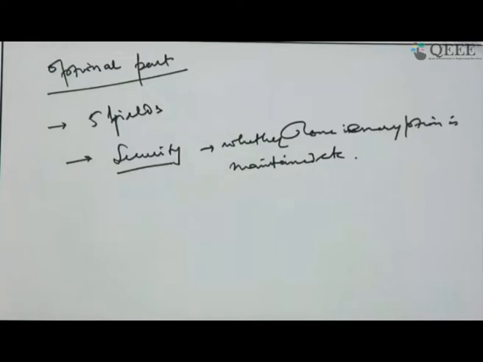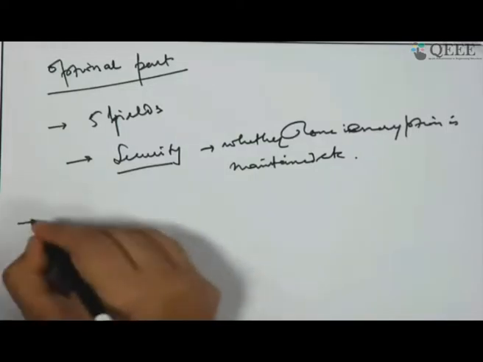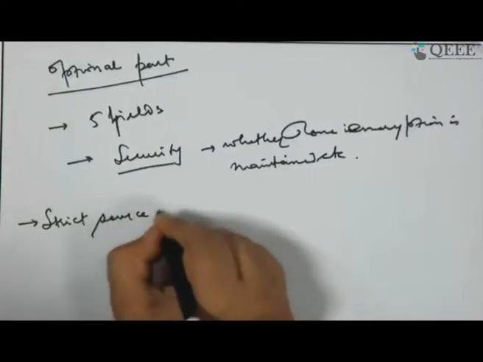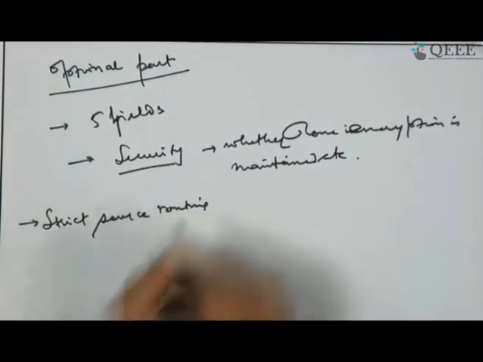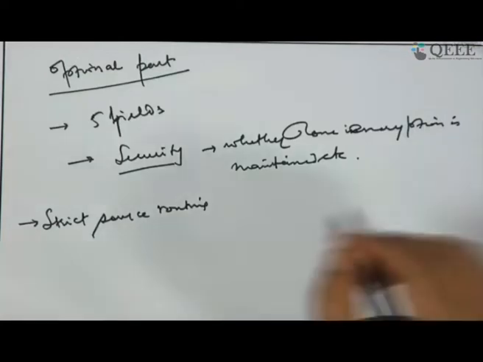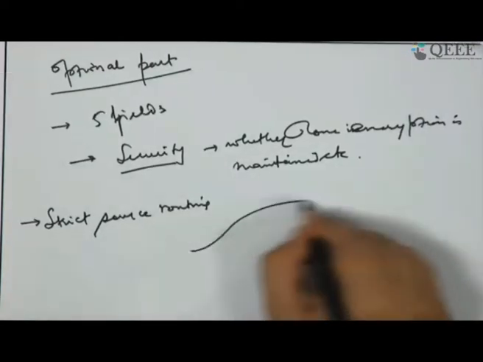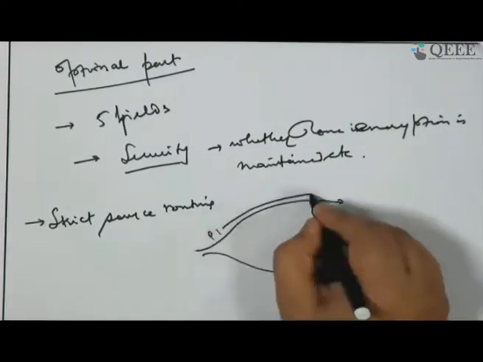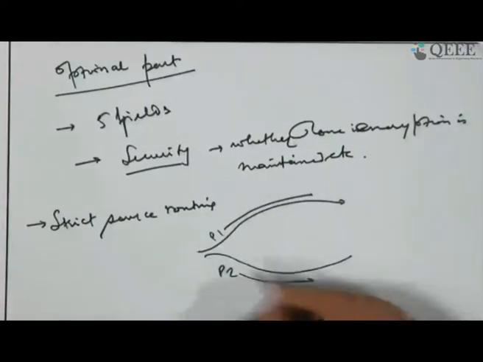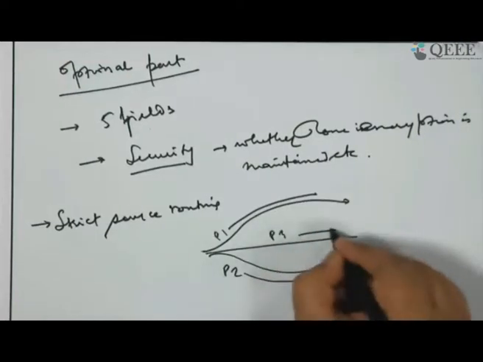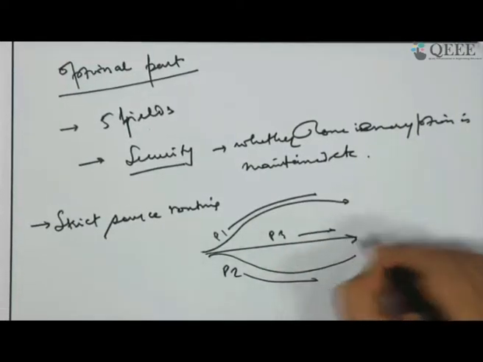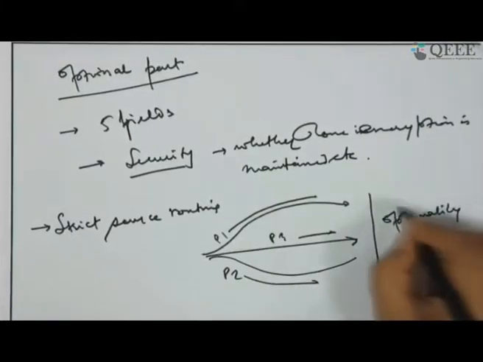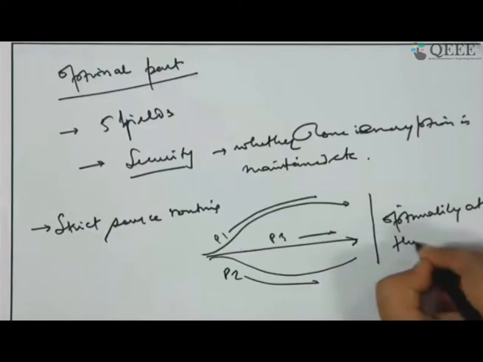The second is strict source routing. So, what is happening in routing? We have seen that the routing path can vary. So, packet 1 goes this way, packet 2 goes this way, packet 3 goes this way, according to the optimality at those points.